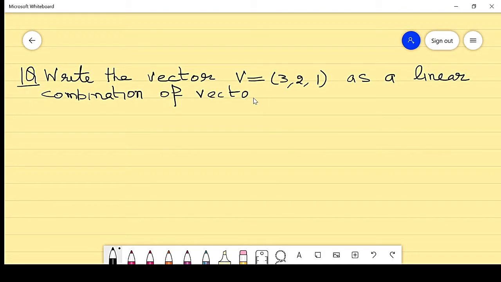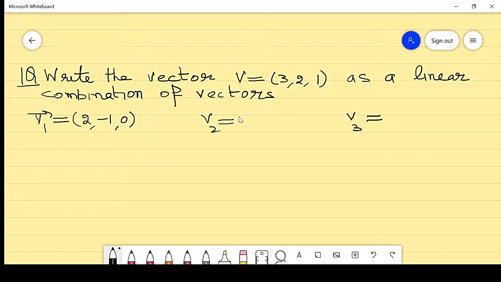So that vectors are v1, v2, v3. What is v1? (2, -1, 0).